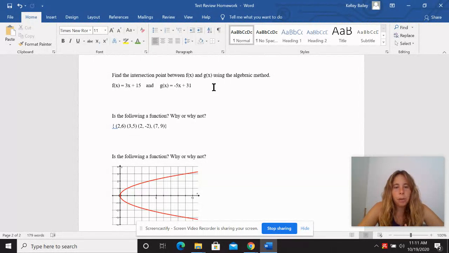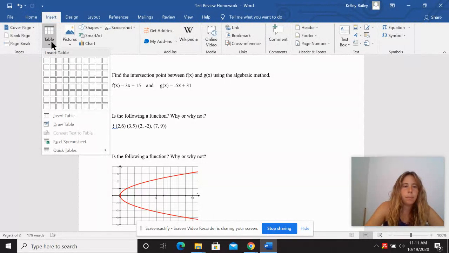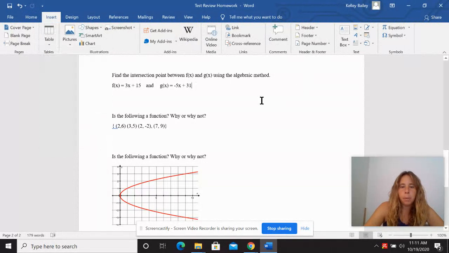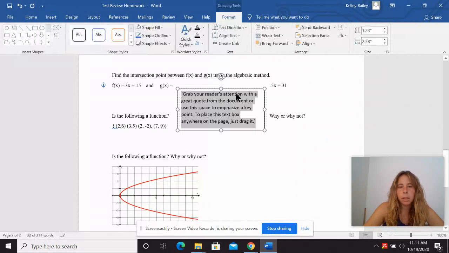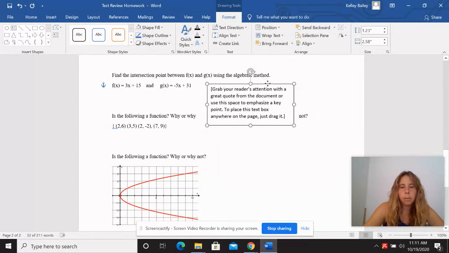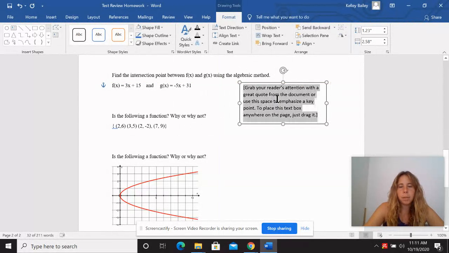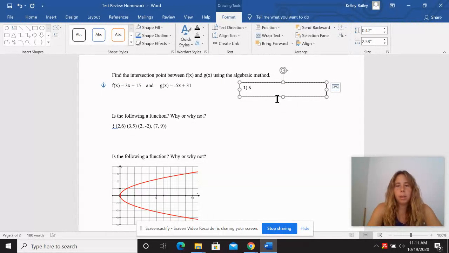Okay, so your first step, not table, sorry. I'm used to doing a table. We'll do insert text box. So, step 1, set equal to each other. Step 2, solve for x.